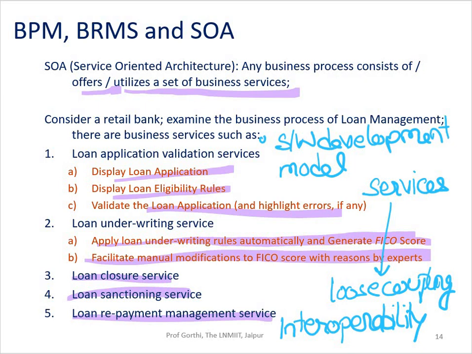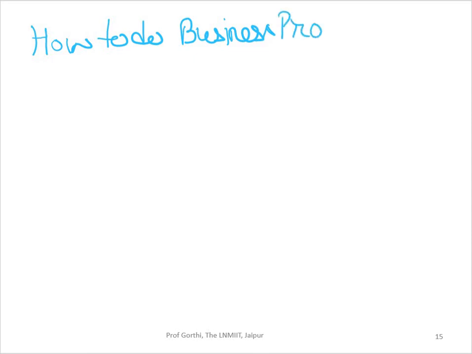Now let's go ahead with the question on how to do business process modeling, because all these topics are dealing along these lines only. So now let's answer this particular question on how to go ahead with business process modeling.